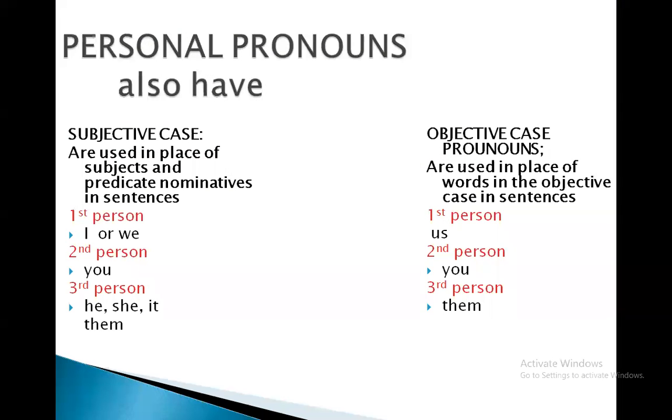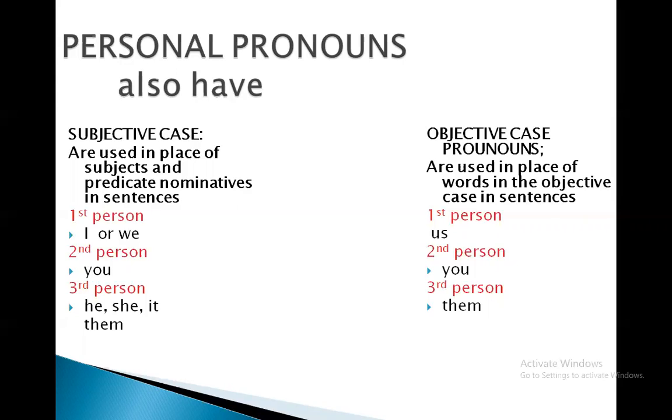And then when we come to personal pronouns, they have subjective cases and objective cases. It means some of the pronouns are used as subject only, and some of the personal pronouns are used only as objects, object cases only.